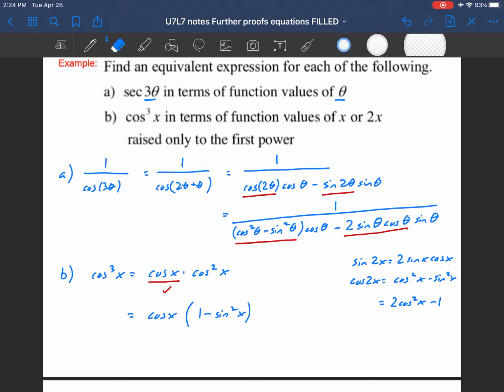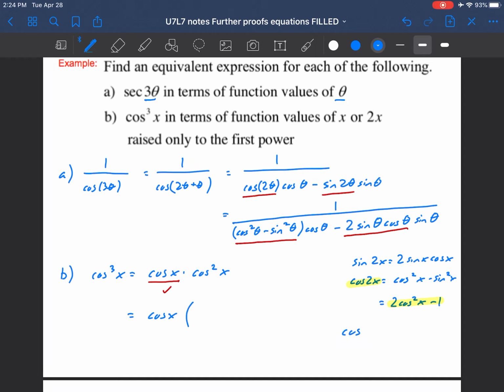So I'm going to take this, and I'm going to isolate for cosine squared x. All right, so let's back this up. That wasn't really what I wanted to do. That wasn't a good idea. So if I take this expression and I isolate for cosine squared x, right?